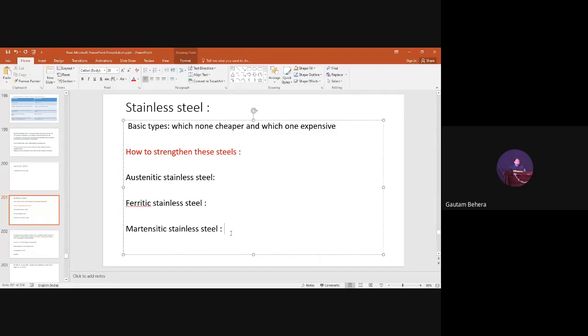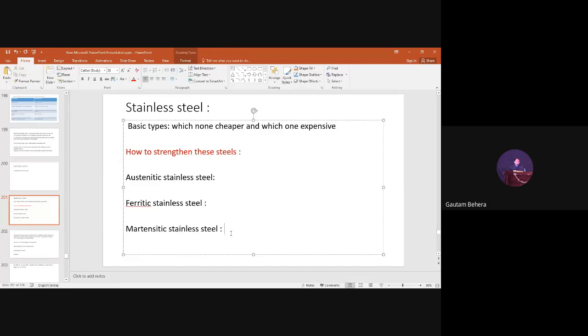The best example I can give you of the application of stainless steel is your kitchen utensils, right? Your kitchen sink and kitchen utensils basically belong to austenitic stainless steels. How can you justify that? Just by studying their magnetic behavior, because austenitic stainless steels are basically non-magnetic in nature.